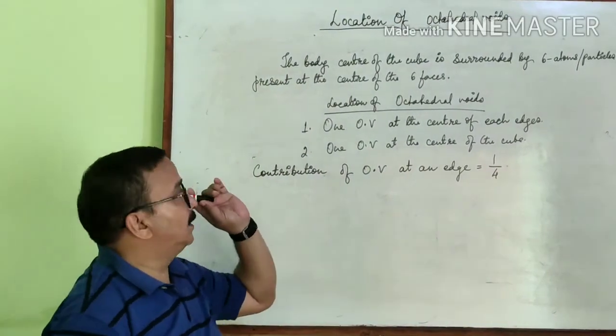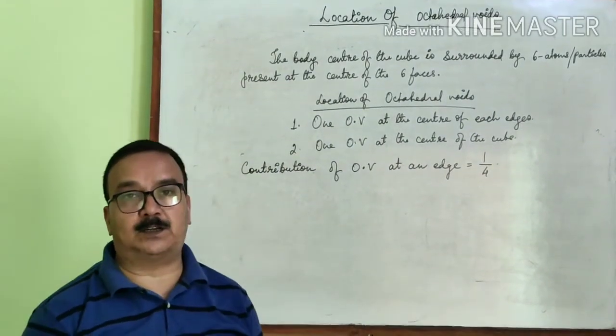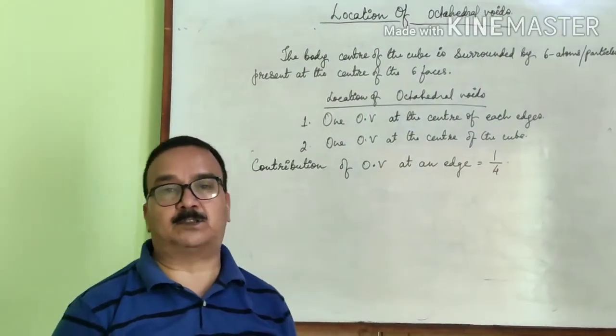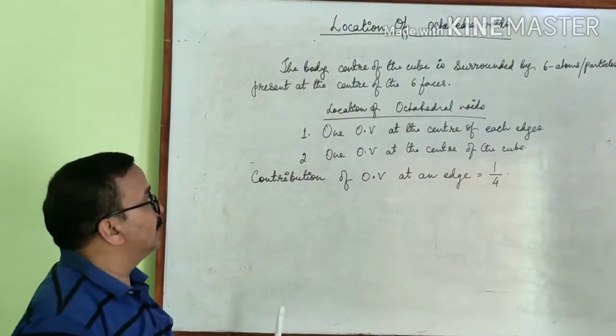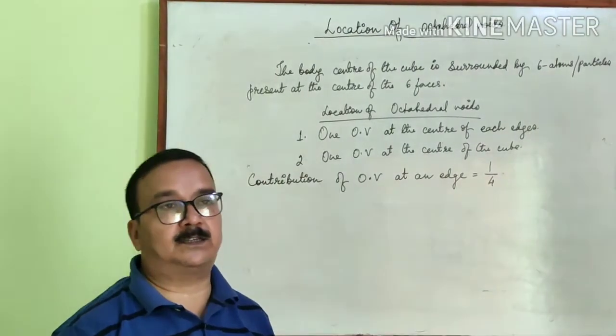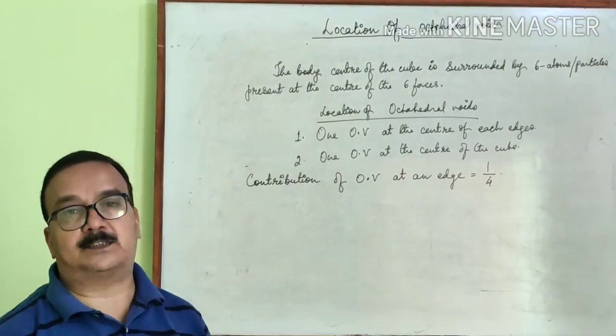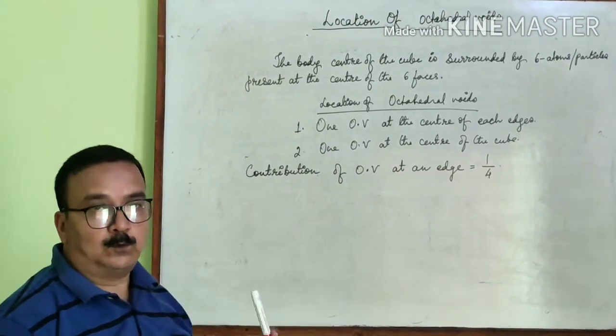Location of octahedral voids. The body center of the cube is surrounded by 6 particles, which may be atoms, molecules or ions, present at the center of the 6 faces. Now there are two locations.